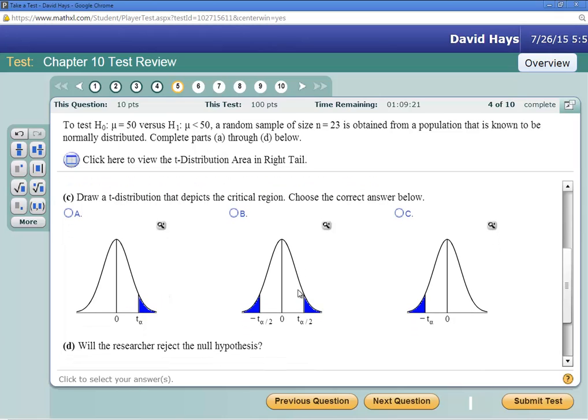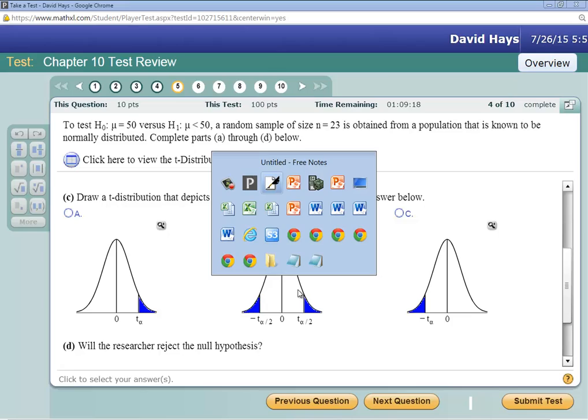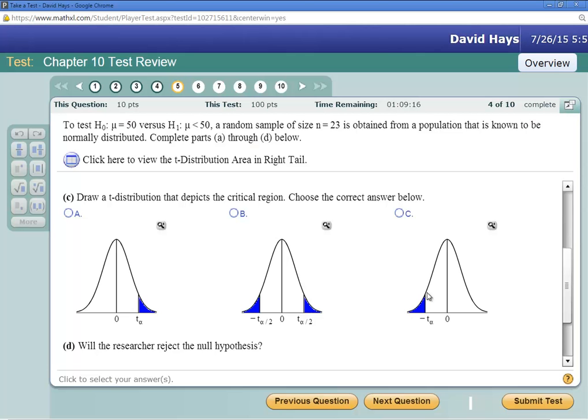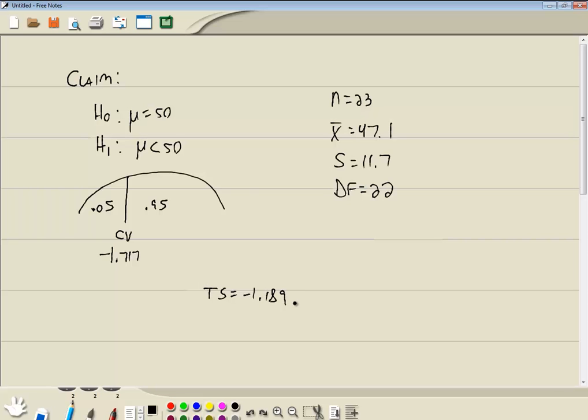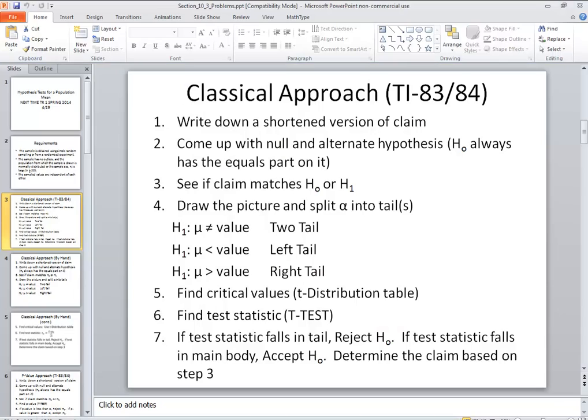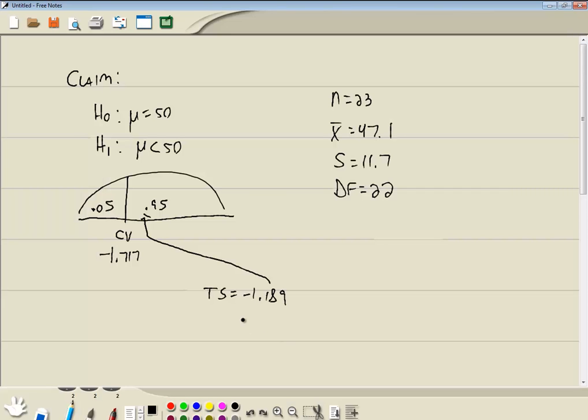Draw a t-distribution that depicts the critical region. What do we have? It was a left tail. Okay, null hypothesis. Well, this is the number line. Negative 1.189 would actually fall over here if we think of that as a number line. And it says if your test statistic falls in the main body, you accept H naught or you fail to reject.